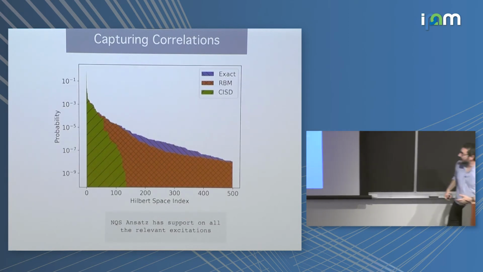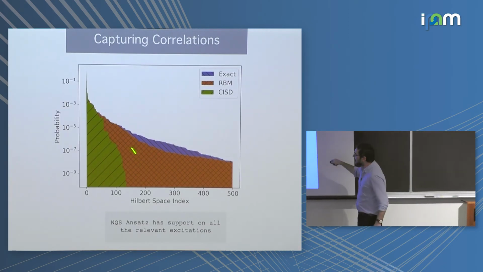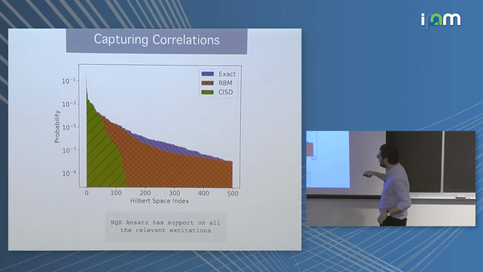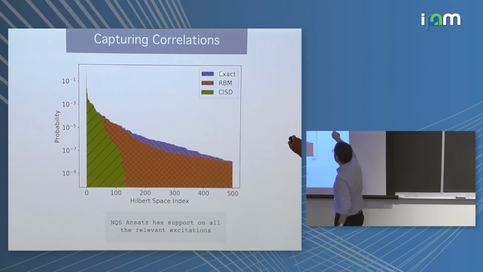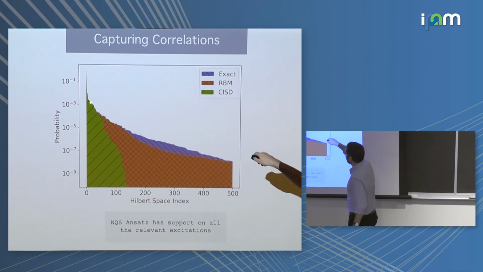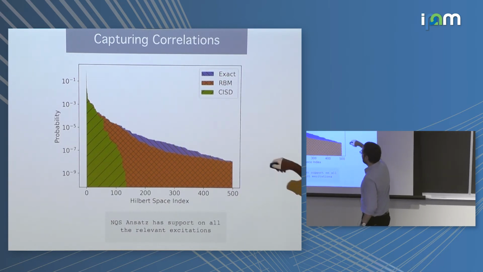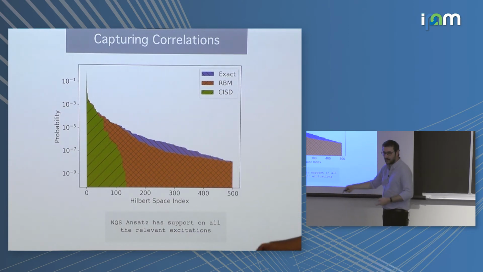And to quantify that, for example, you can plot the probability. So this is like psi square, if you want, in the basis of these determinants that we are using. You can see that the exact wave function, which is this blue, has support on a few determinants here that are the most likely, that correspond to Hartree-Fock plus a couple of excitations.